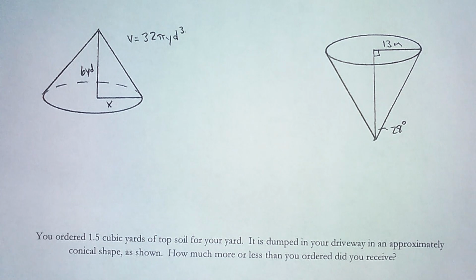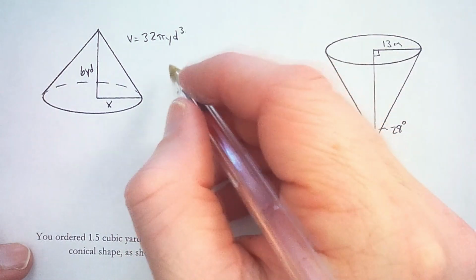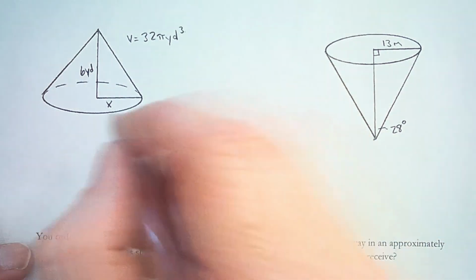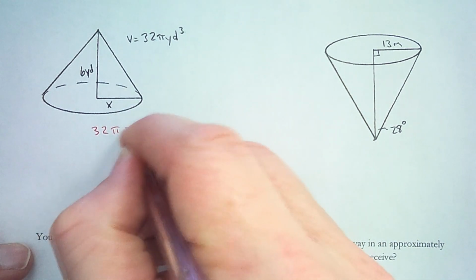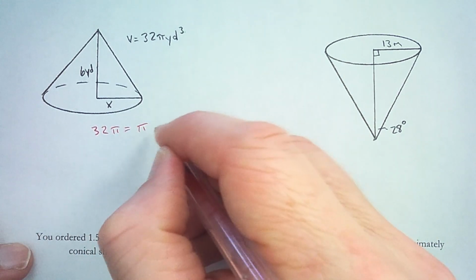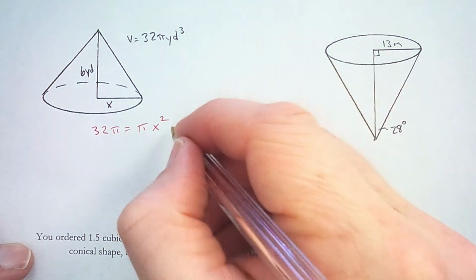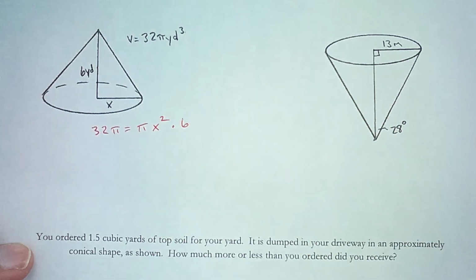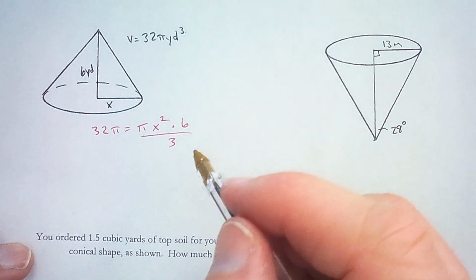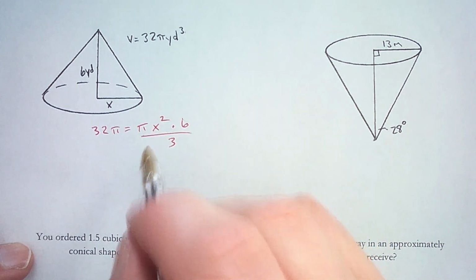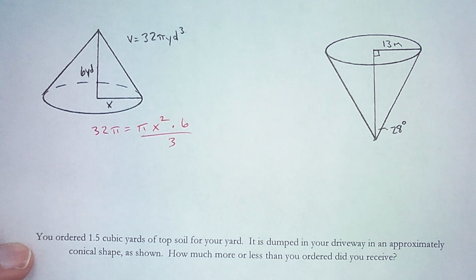Okay, next I'm given the volume and I need to know the radius. So the volume is 32 pi, so 32 pi equals pi r squared, so that's pi x squared, times h, which is 6, divided by 3. Okay, so I can do some simplifying, or I can just get rid of this 3 first. Let's do that.